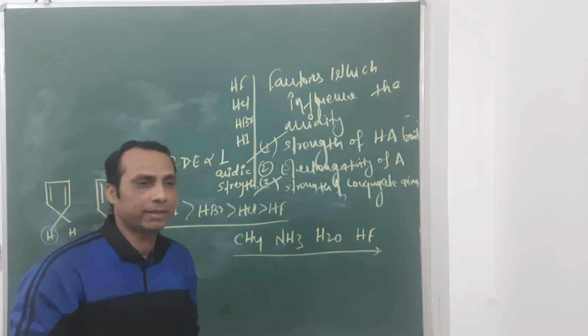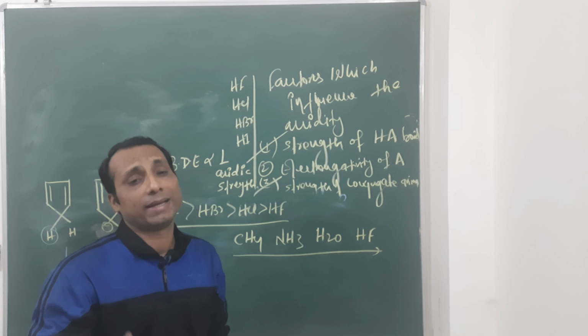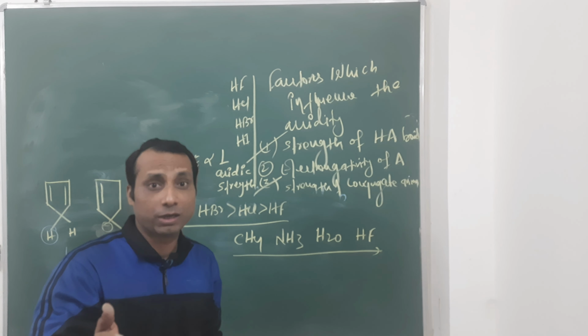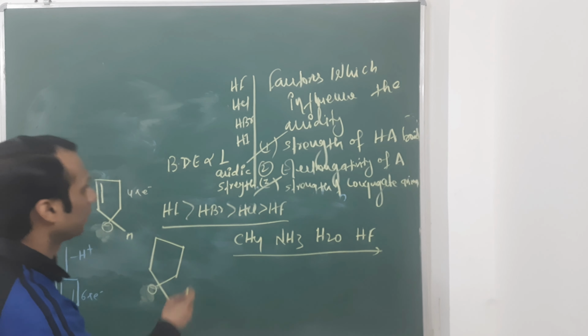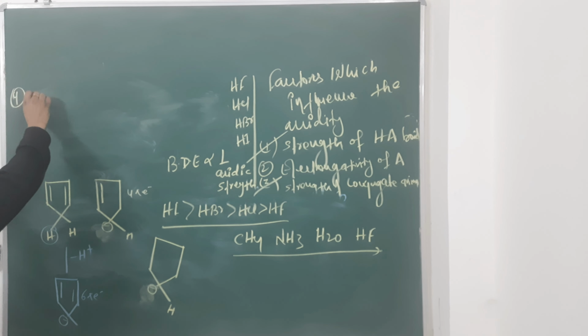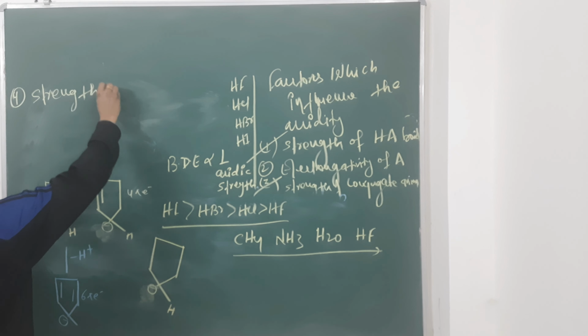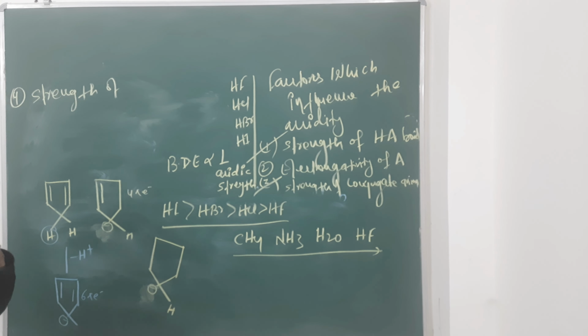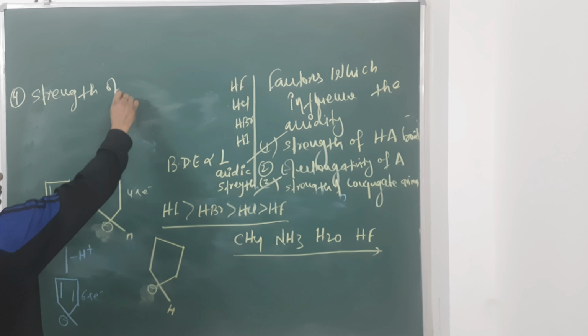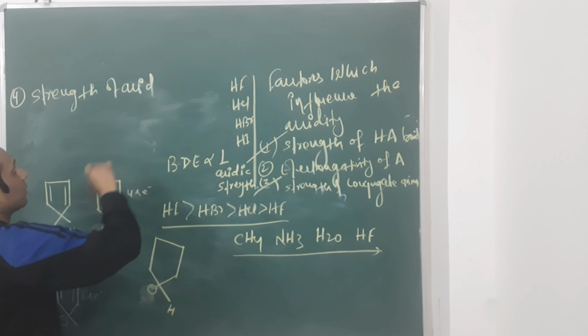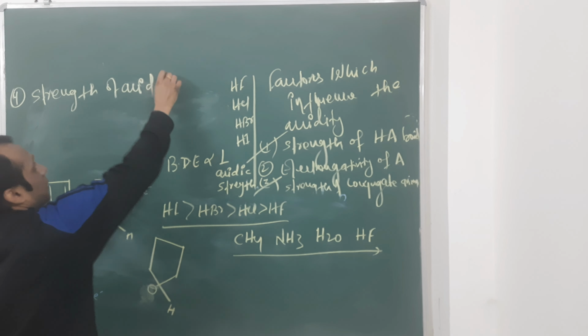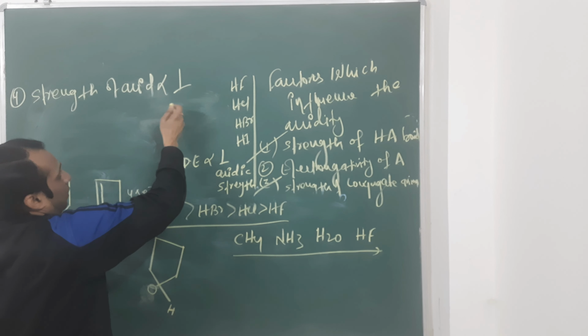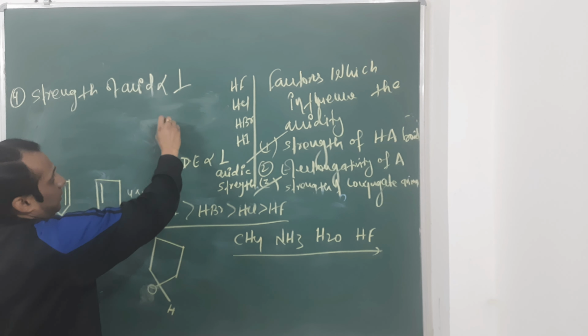The fourth is that the strength of the acid is inversely proportional to the strength of the conjugate anions.